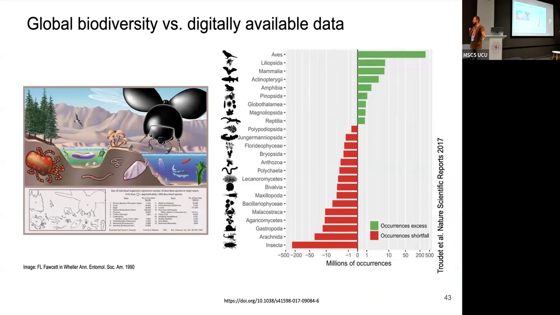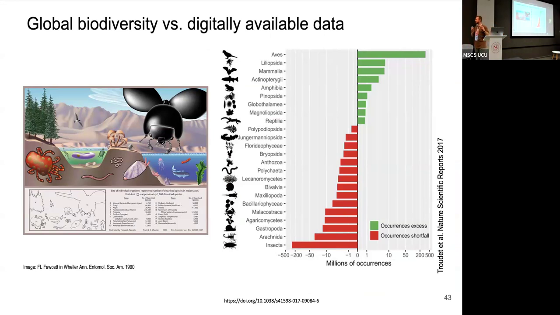A huge problem is posed by the fact that our digitized part of biodiversity data is not a mirror of the real world in terms of representation of different taxa. For example, in this picture, we see the bug family, which is huge, and the elephant family, which is quite small, under the much bigger family.